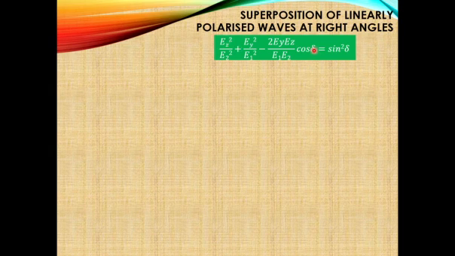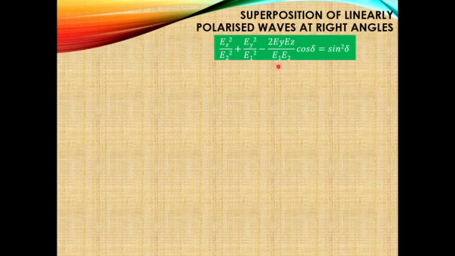And we have seen that the equation followed by the tip of the resultant vector after superposition of these two electric vectors at each instant is given by Ez square by E2 square plus Ey square by E1 square minus 2Ey Ez by E1 E2 cos delta equals sin square delta.